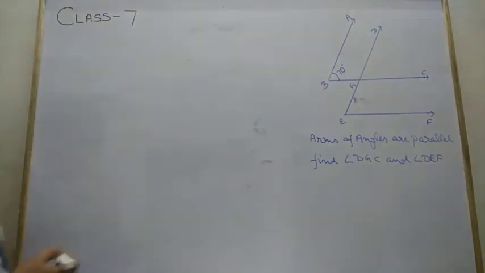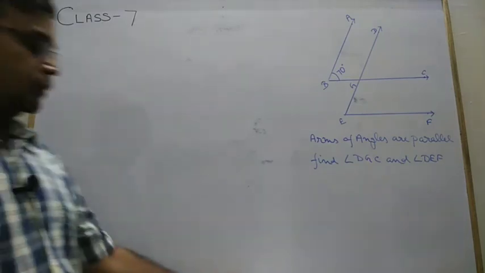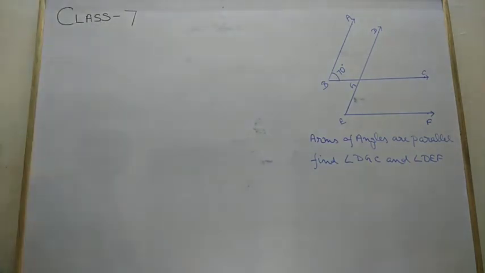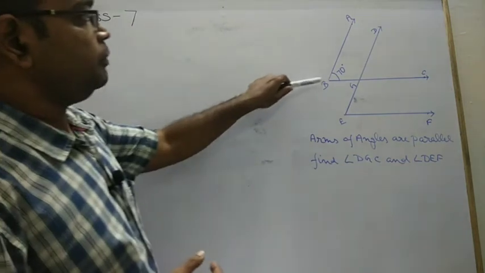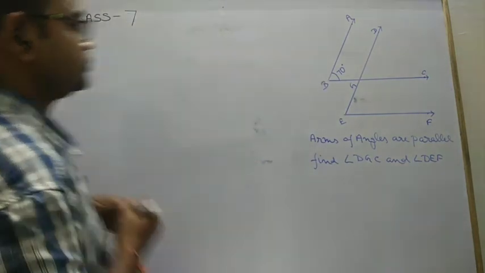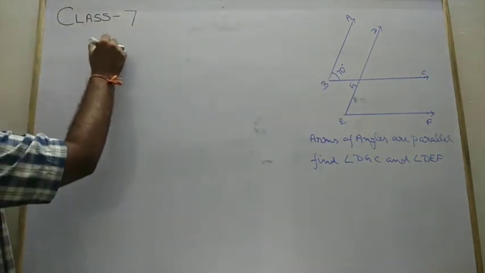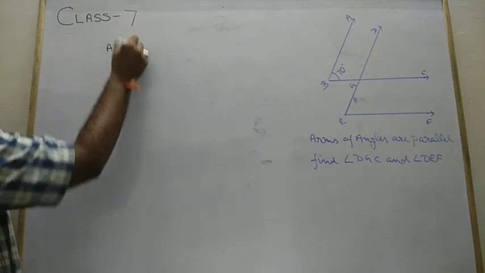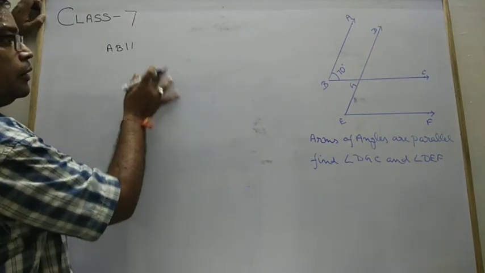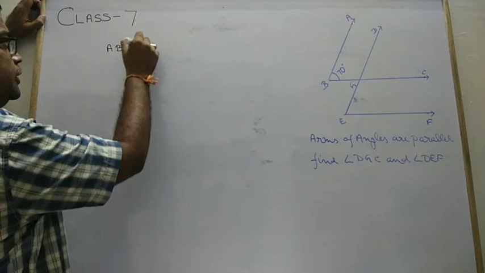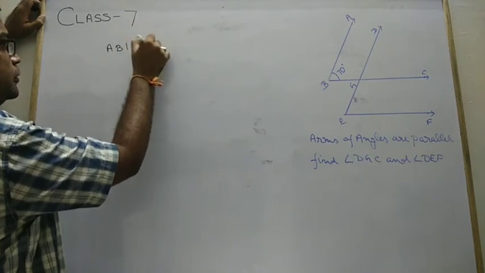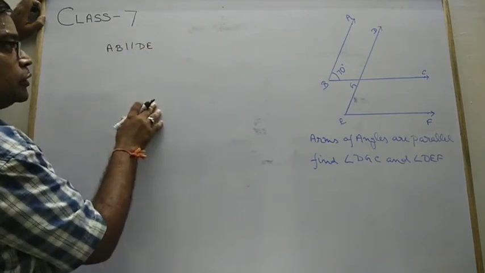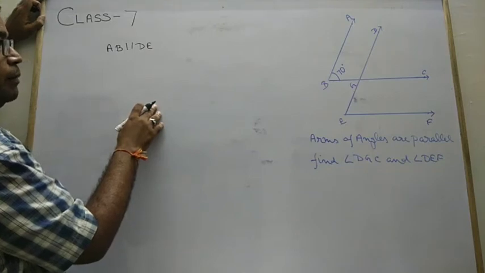This is your question. How do we solve this one? So let's start. As we know AB is parallel to ED is given, but we have to write it down: AB parallel to DE. Clear? And also BC parallel to EF.